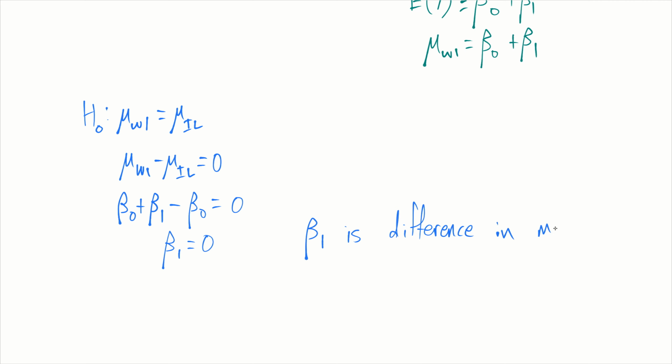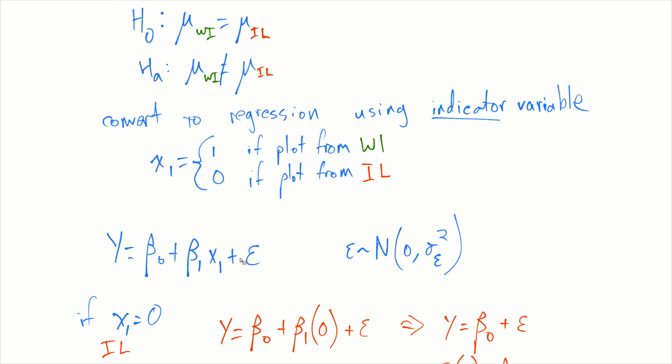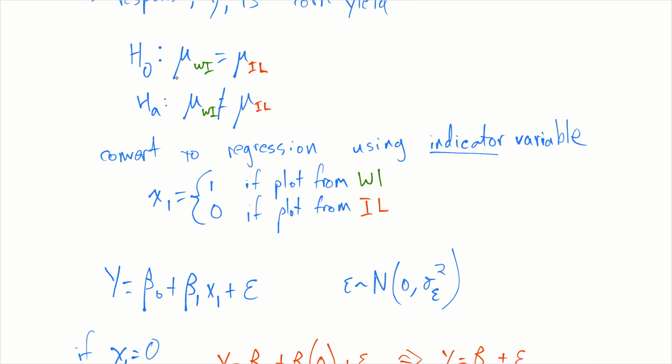in the means of corn from Wisconsin, growing corn yields from Wisconsin and Illinois. I should say, given the intercept here. So what this is saying here is that we can take a t-test which has these hypotheses.